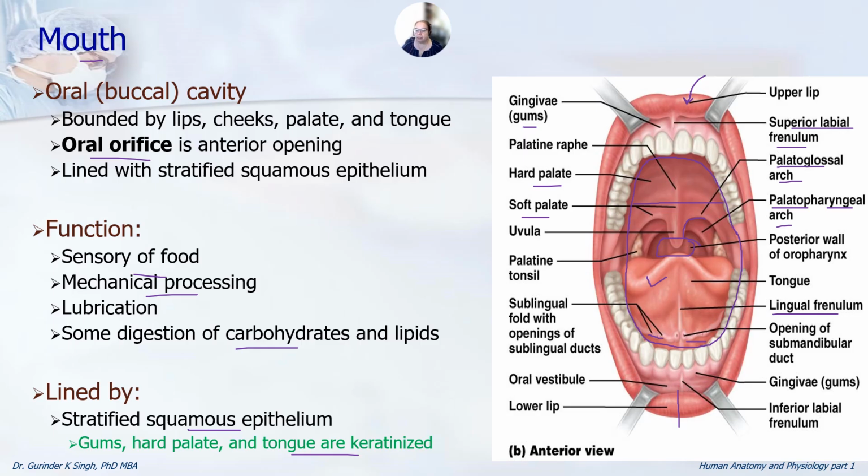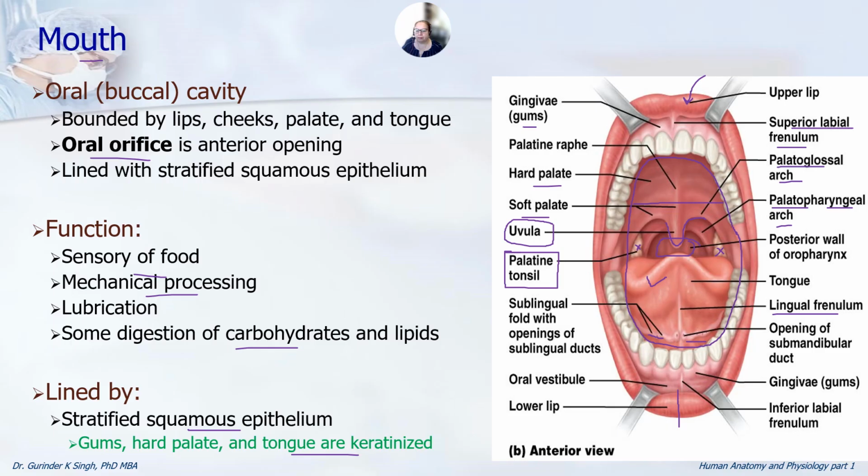Hanging from the roof is what we call the uvula, the soft structure known as the uvula. You also see these two things at the back, in between the palatoglossal arch and the palatopharyngeal arch, which are known as the tonsils, and these are called the palatine tonsils.